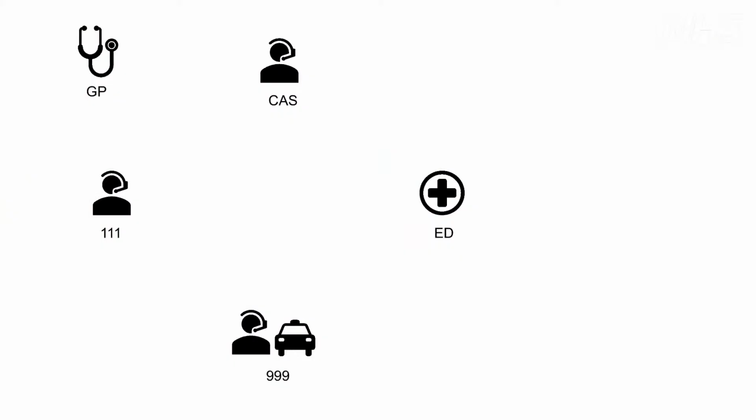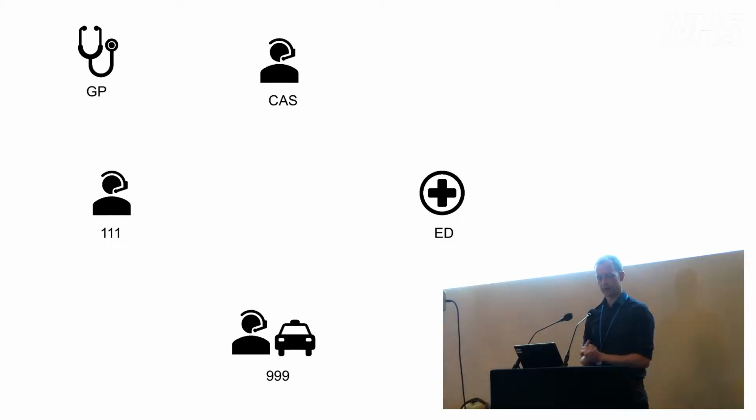And Matt Stibbs in his presentation earlier gave a few visuals to convey the urgent emergency care system. I've got some similar ones, although mine have a lot less clip art, so I guess Matt wins that one.